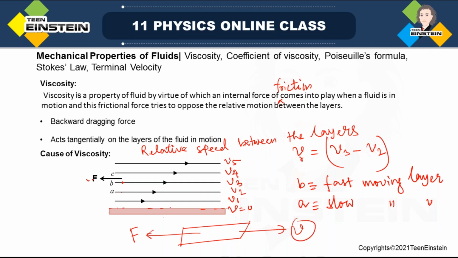This viscous force always acts tangential to the surface of liquid, and it is opposite to the direction of the motion of the fluid. So this is about viscosity. Now we'll learn many other important things about this viscosity.